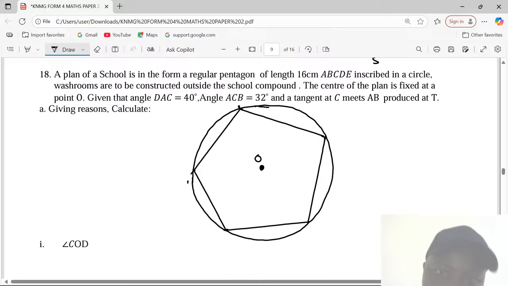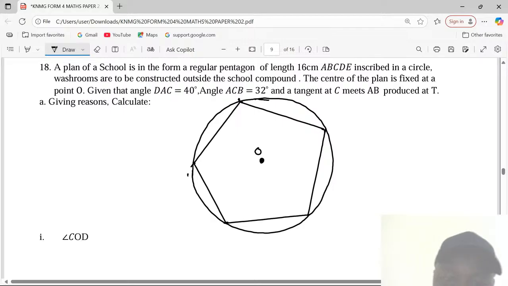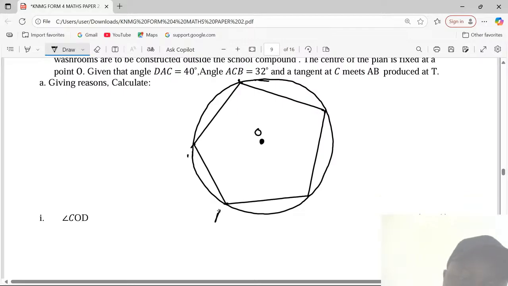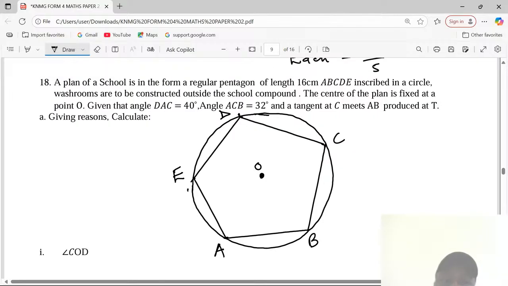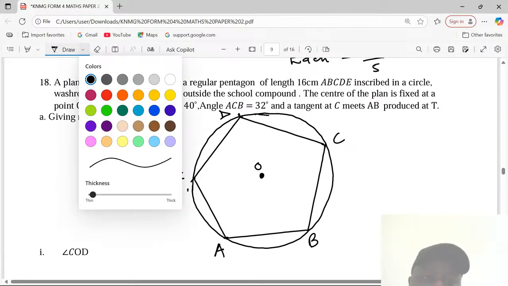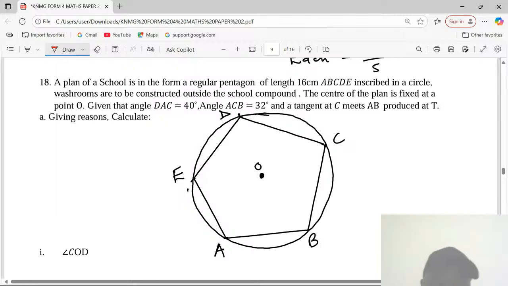So now we have drawn on our own behalf. We can talk about A, B, C, D, E. That is the pentagon. It has been inscribed in a circle. Then there are some angles which have been provided here. Let's get to those angles.